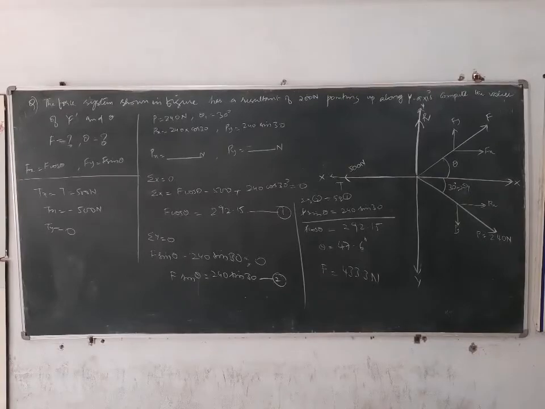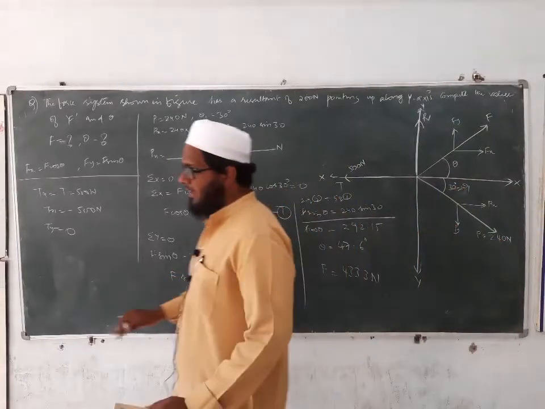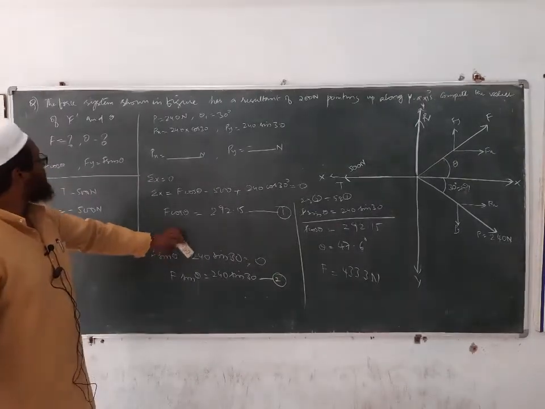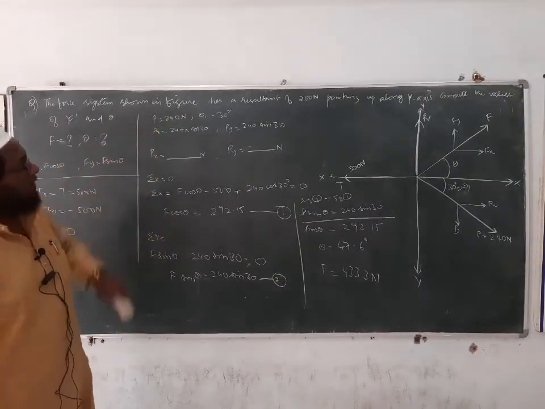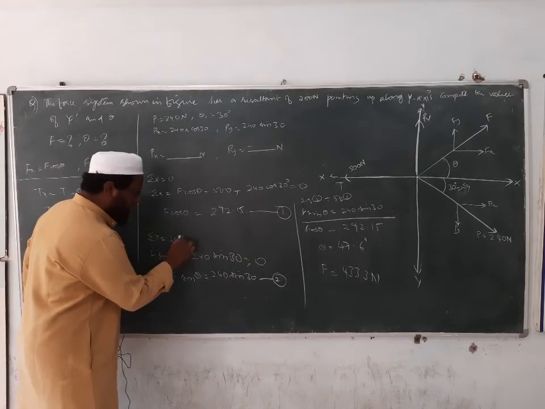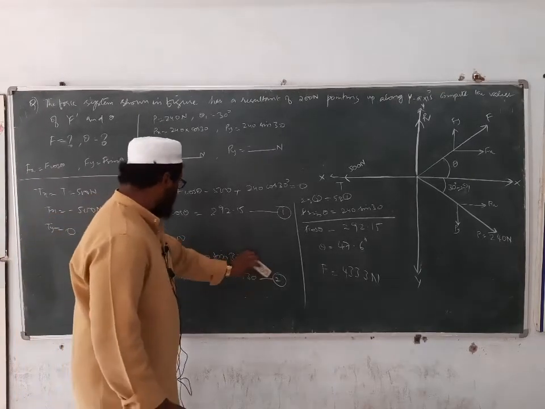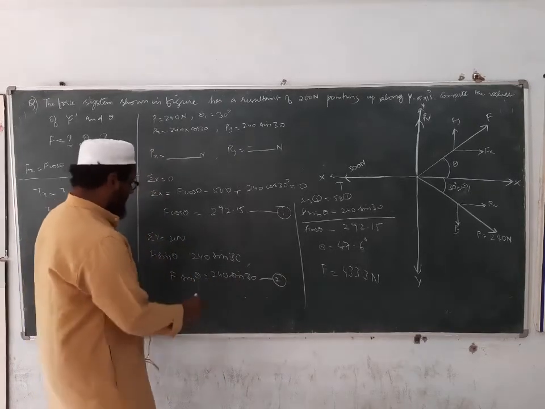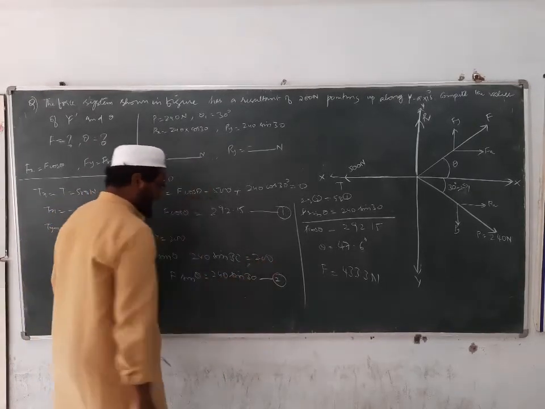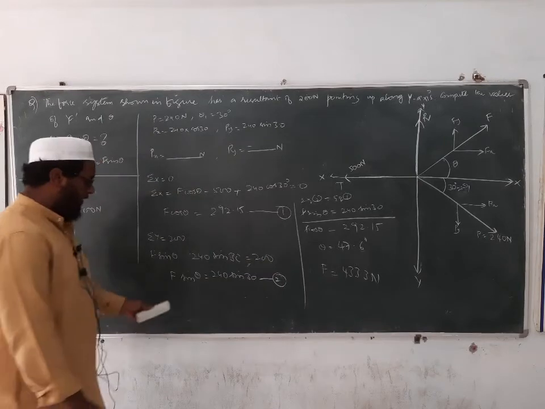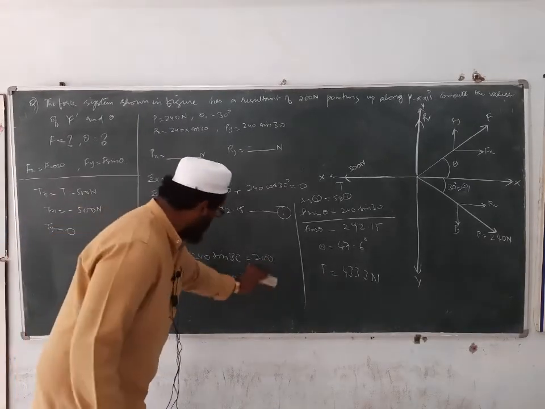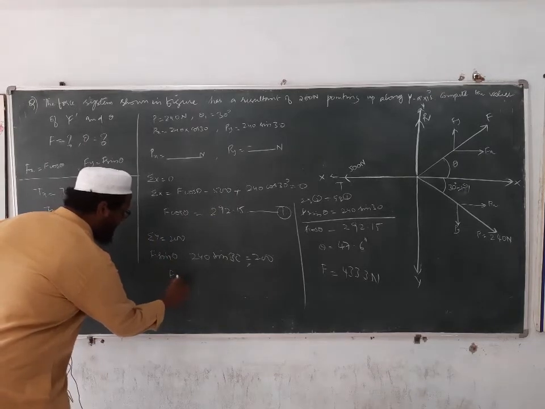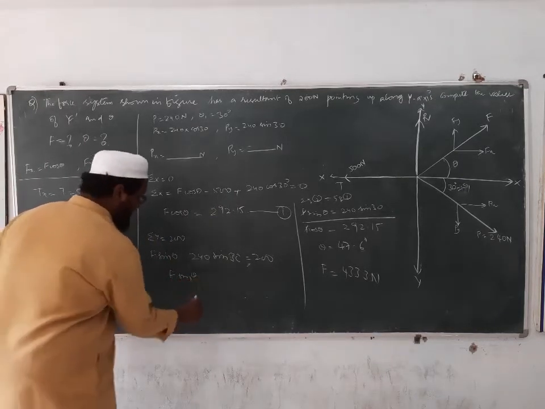Yes, one thing we have missed here, that is sigma y here is not equal to 0. Sigma y is how much there? Sigma y is 200 newtons. So here F sin theta is equal to 200 divided by 240 into sin 30 degrees. So here you have to change this value, you will get some different value.